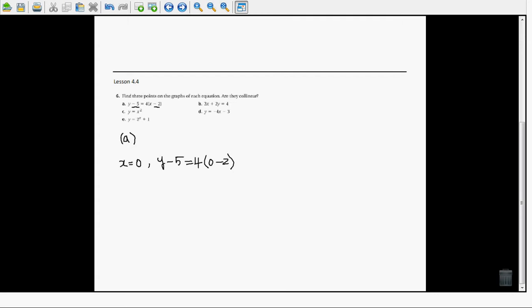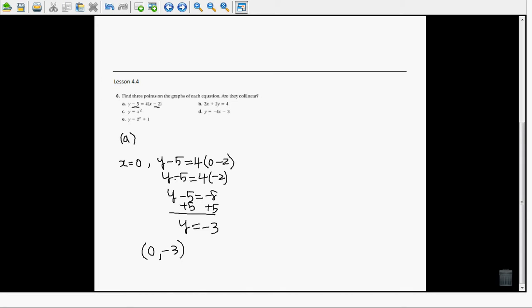So we'll have y minus 5 equals 4 times negative 2. That's y minus 5 equals negative 8. Add 5 to both sides. We know that y equals negative 3. If x is 0, y is negative 3. Okay? So that's 1 point.